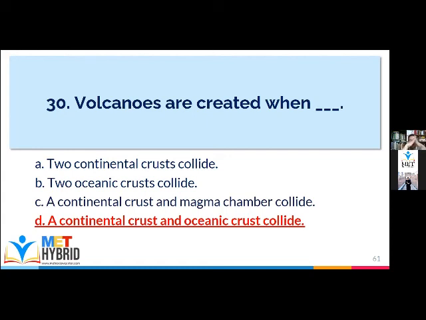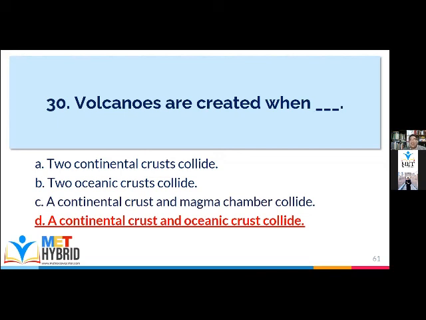Yes. Why move up? Because again, they are less dense compared to oceanic crust. If you have oceanic colliding, it will move down because oceanic crust is denser than continental crust. So if two continental crusts collide, that's the time you will form mountain ranges, or mountains.